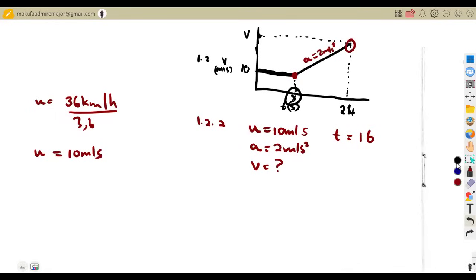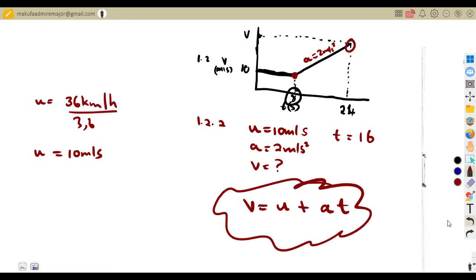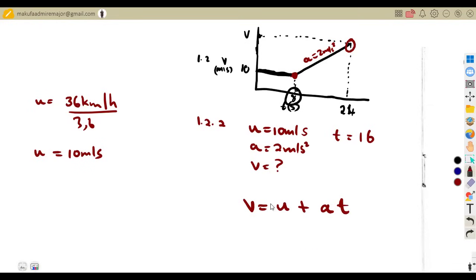All right, so if we check from our formulas, we have this formula that connects the final velocity and the initial velocity with the acceleration and time. V is equal to U plus AT. From this formula, we want V. We have the initial velocity, the acceleration, and the time frame, which is 16 seconds.